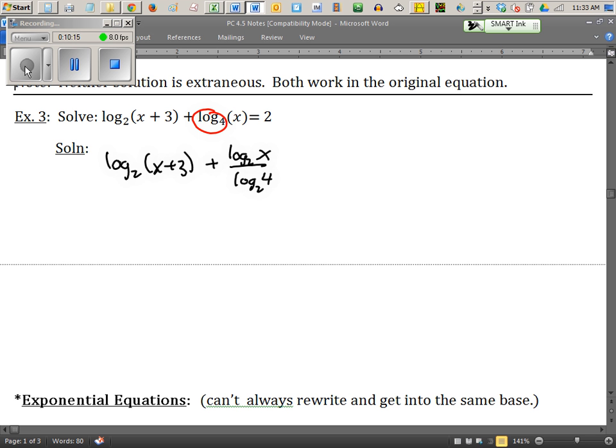So I just rewrote log base 4 of x as log base 2 of x over log base 2 of 4. And the right side is just a 2, right? Okay, and then look right here. This is a number, isn't it? What is log base 2 of 4? What power of 2 makes 4? 2. Okay, so that is just a big fat 2 right there.